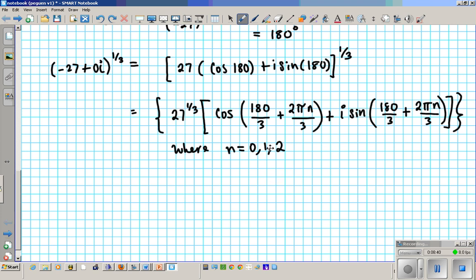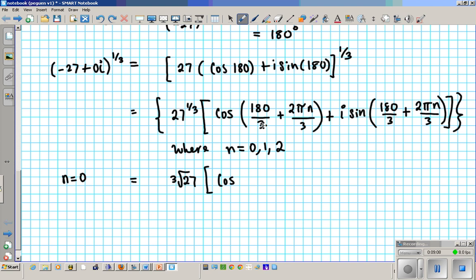So when we start plugging in 0, 1, 2, it's going to generate the 3 roots for us. Alright, so the first root is n equals 0. Let's evaluate what the first root is. That's going to be the cube root of 27 times cosine.